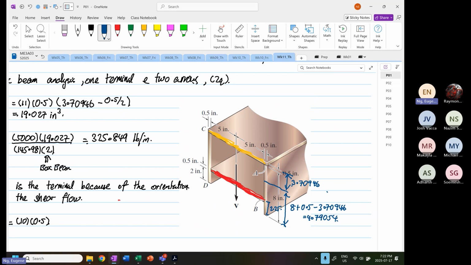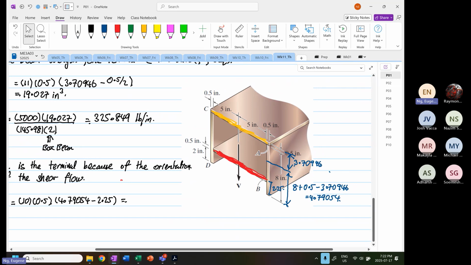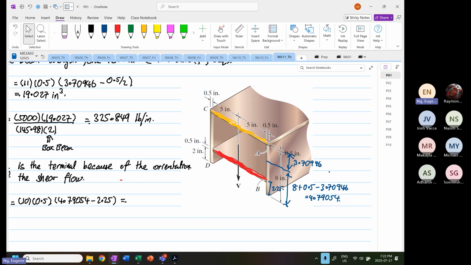So y bar is 4.79054 minus 2.25, and Q is 4.79054 minus 2.25, times 0.5, times 10, which is equal to 12.7027.